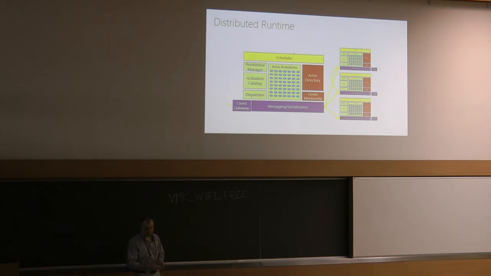So the dispatcher is the obvious piece: we receive requests over TCP or the network, and they need to be dispatched to the right grain activations. There are certain restrictions and guarantees on reentrancy, and we'll talk more about it tomorrow. The activation catalog is what keeps track of activations, of course. We have built-in support for persistence.